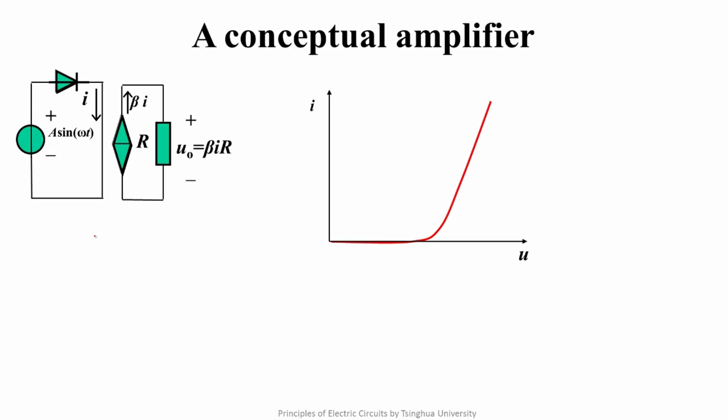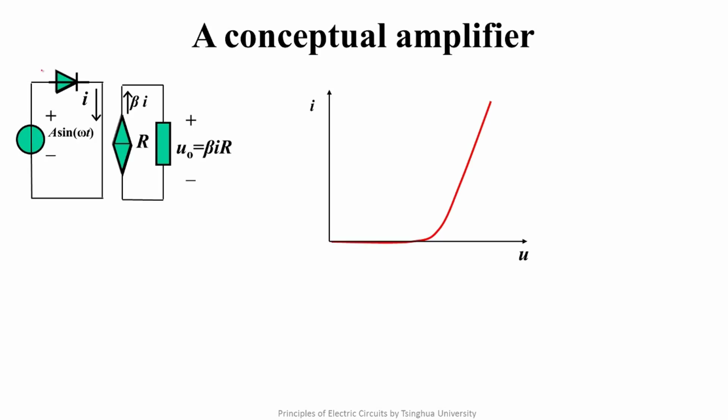Next, we take a conceptual amplifier as an example to explain the meaning of the small signal. Look at the conceptual amplifier. What is it? By using the exponential properties of the diode, we add a sinusoid voltage to the diode.